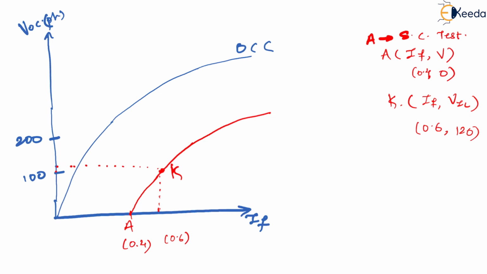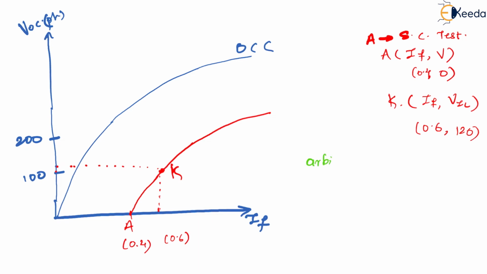Now the next step and the most important step is to locate any arbitrary point P. We need to do only one thing, we need to locate one arbitrary point P.